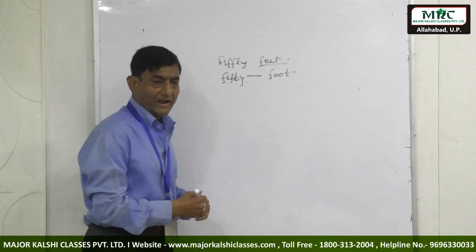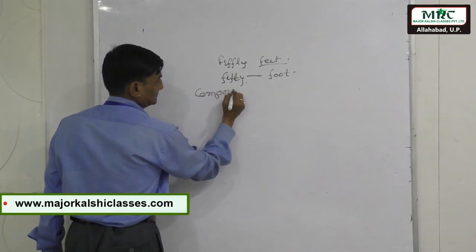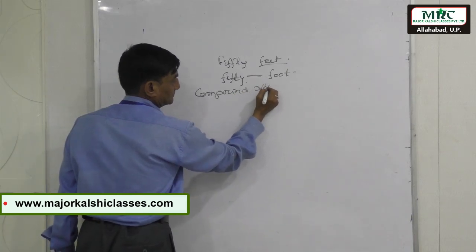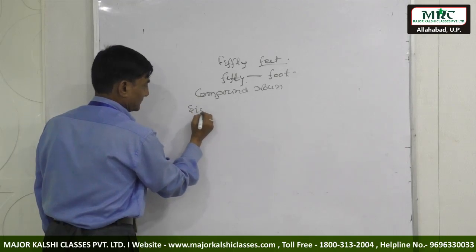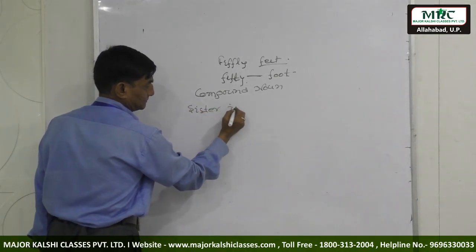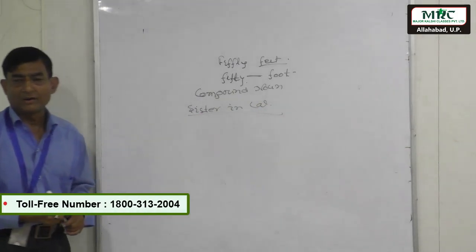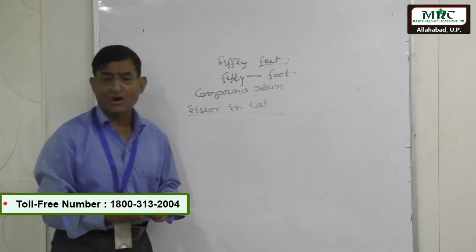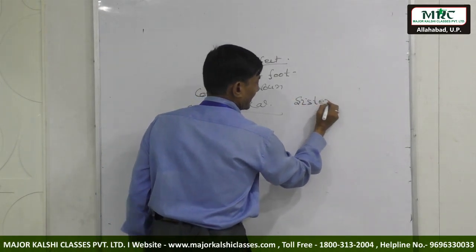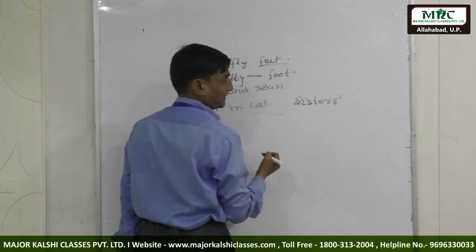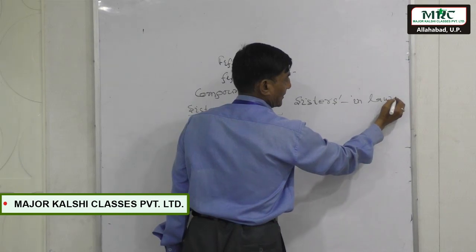In the same way, in the use of compound nouns, sister-in-law, it's a single sister-in-law, but fortunately someone has got 6 sisters-in-law, so we have to make sisters-in-law.